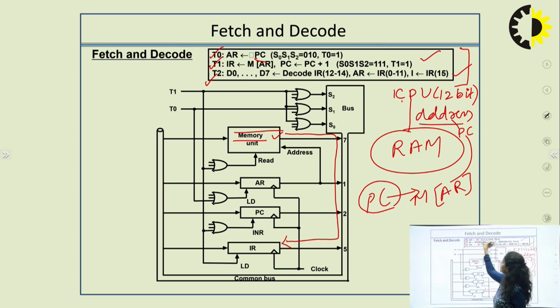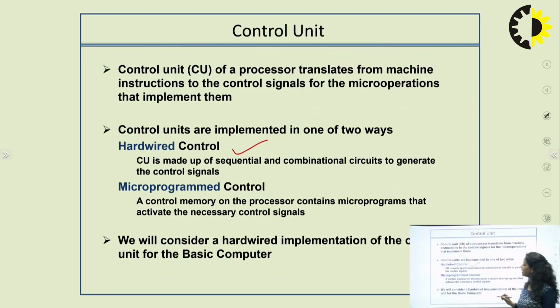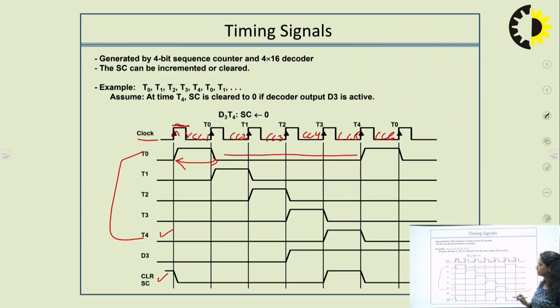So this instruction is being executed in timing signal T0. That's why for executing this particular instruction, 1 clock cycle of duration is considered, and the other is blank.